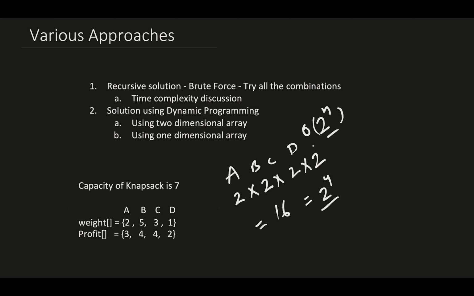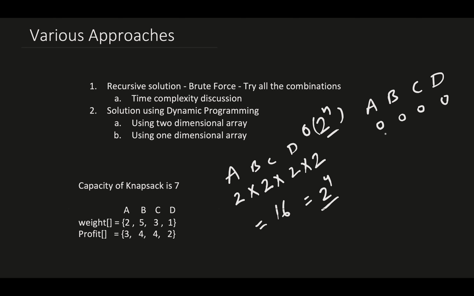There is one more way that you can analyze this. As there are four items A, B, C and D, if we say 0 means don't take that item and 1 means take that item, we'll start with 0 0 0 0.